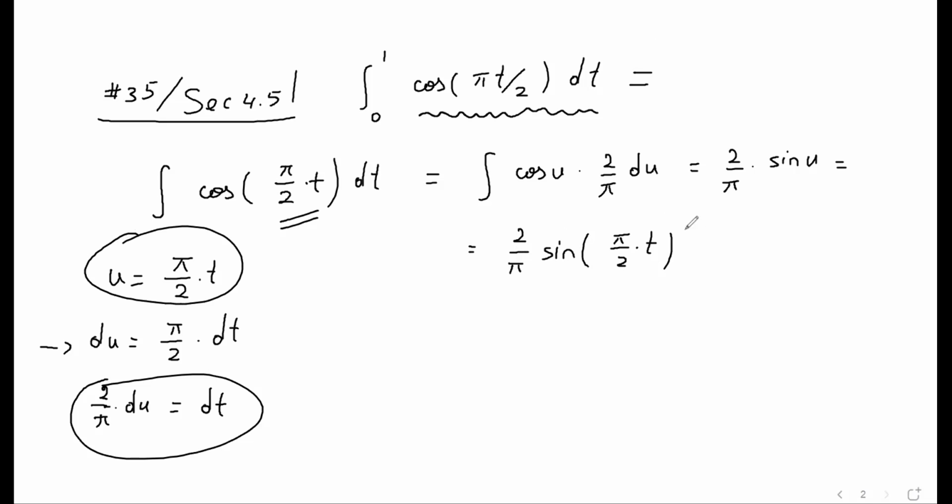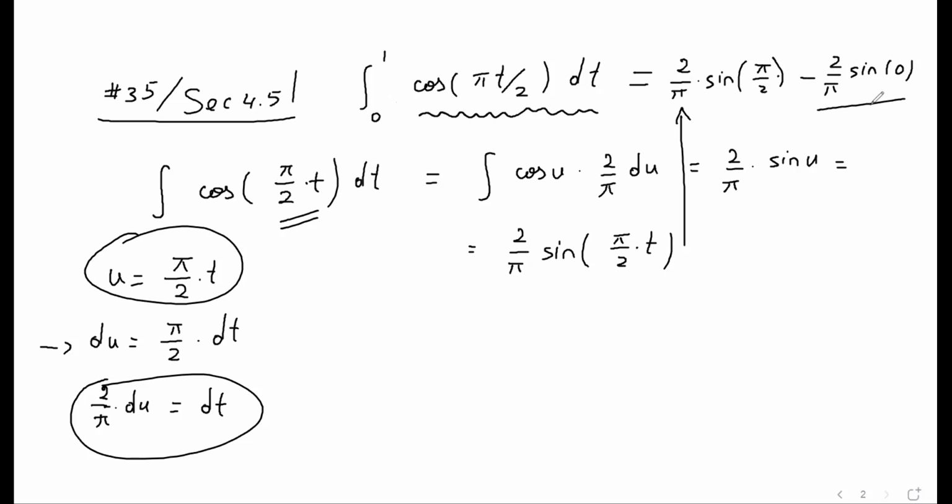When we evaluate the integral, we go straight up here and say the integral that I started with would now be this one, evaluated at the numbers 1 and 0. So it would be 2 over pi times sine of pi over 2 times 1, which is just sine of pi over 2, minus 2 over pi sine of pi over 2 times 0, which is sine of 0.